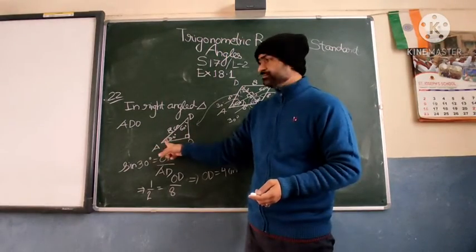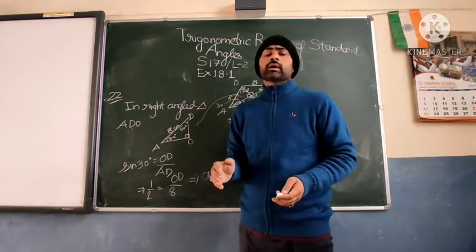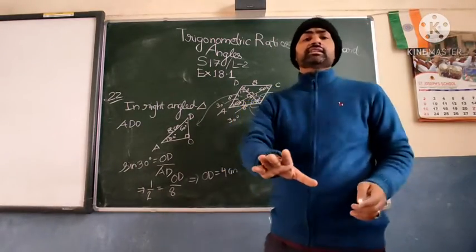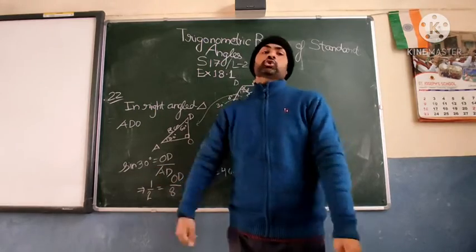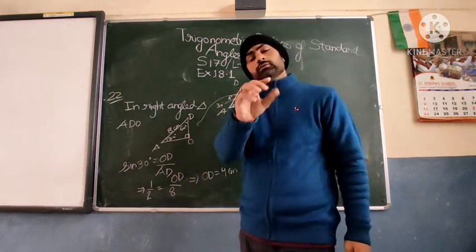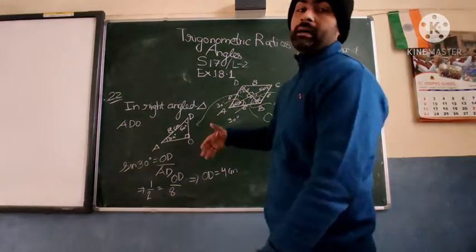You can get the base: this square minus this square, under root of that. Or you can use cos theta also. Here I would say, if you know the value of sin theta and you are not very confident about the value of cos theta, better go by the Pythagoras theorem. You know why? Because if you have even a little doubt about the value of cos 30 degrees, then you will be in trouble. So you can go by the Pythagoras theorem.